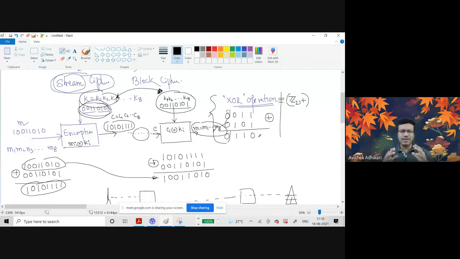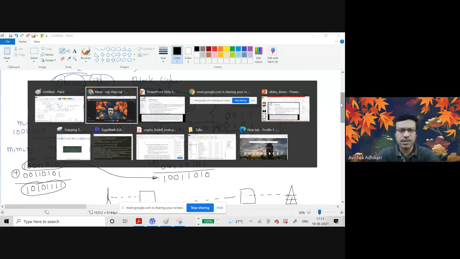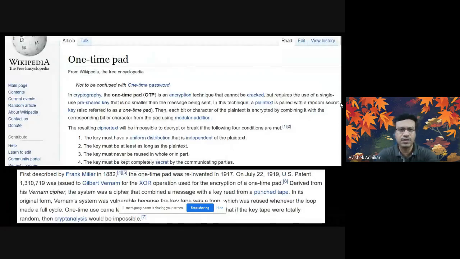So synchronization is also important. At the same time, at both ends the same keys must be available to get the actual effect of a symmetric key. Okay. So to understand that, first let us look at a very historical one, and that is known as the one-time pad.